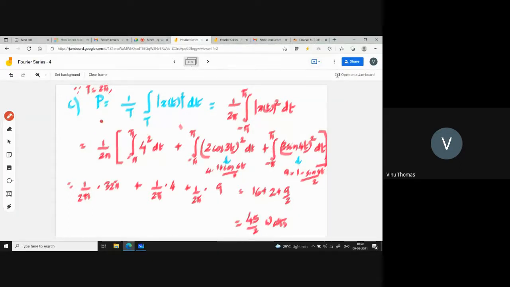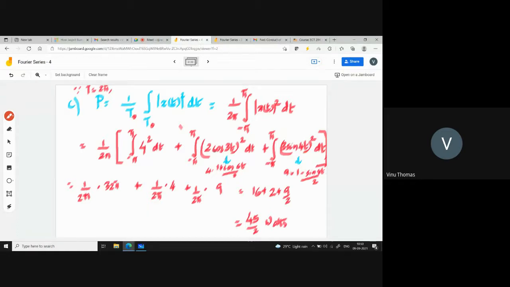We will evaluate the power in the time domain by evaluating 1 by T0 integral over T0 of modulus of x of t whole square dt, which is equal to 1 by 2 pi integral from minus pi to plus pi of modulus of x of t whole square dt, which I can write as 1 by 2 pi integral minus pi to plus pi of 4 square dt plus integral minus pi to plus pi of 2 cos 3t whole square dt plus integral minus pi to plus pi of 3 sine 4t whole square dt.